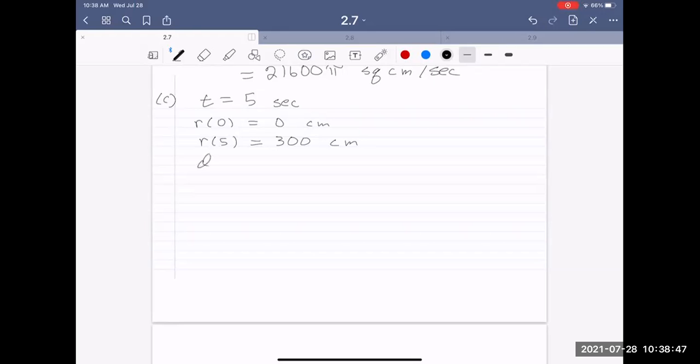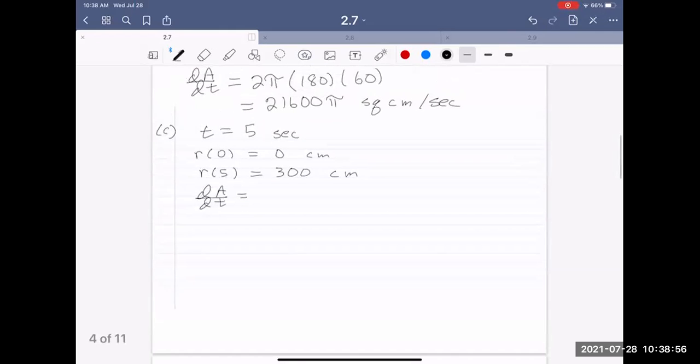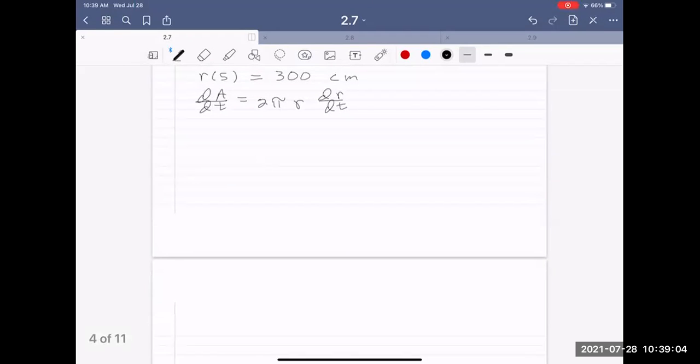And so dA over dt is equal to 2 pi r dr dt, which is 2 times pi times 300 times 60, which is 36,000 pi square centimeters per second.